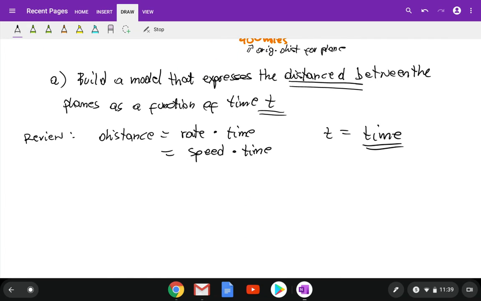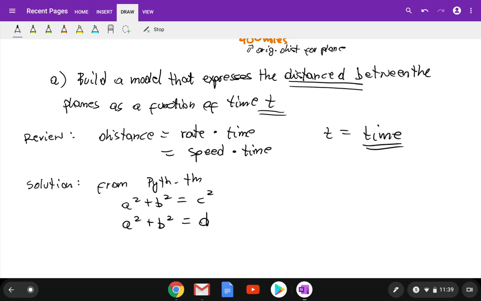Okay, so the solution: from the Pythagorean theorem, we know that a squared plus b squared is equal to c squared. So in our case, a squared plus b squared is equal to the distance to the second power. A is the distance of plane 1, B is the distance of plane 2.